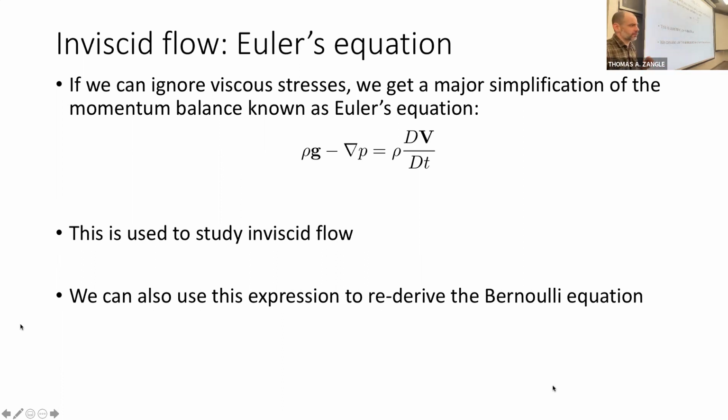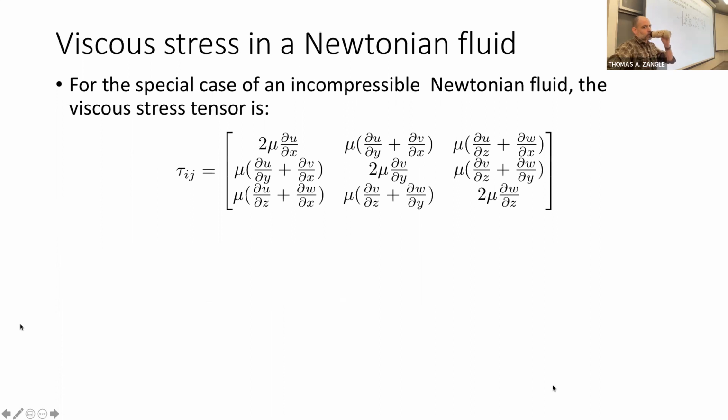Well, let's get back to that viscous stress term, because we're going to see that that is critical in most of our understanding of the types of problems that we're going to be solving in this class. So for the special case of a Newtonian fluid, the viscous stress tensor is given by this ugly expression. And I don't expect you to be able to recall this from memory, okay?